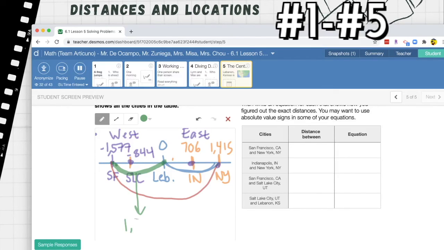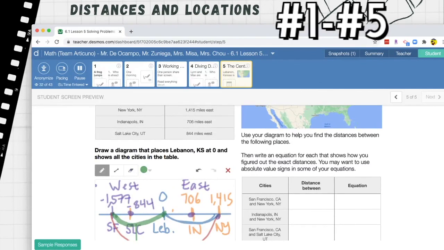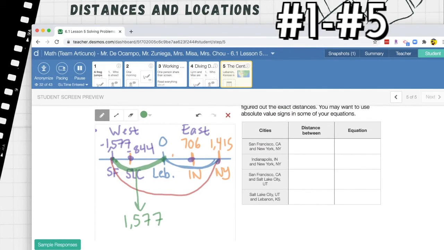I hope you're thinking 1,577. From here to here is 1,577 steps. Or in this case, let's be more accurate in our language, we're talking about miles. Alright, we figured out the green, now let's figure out the blue. How far is it from 0 to 1,415? I hope you're thinking 1,415.